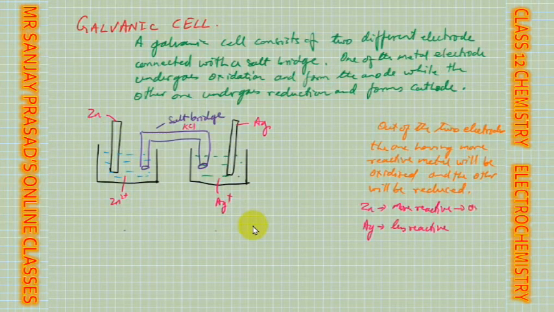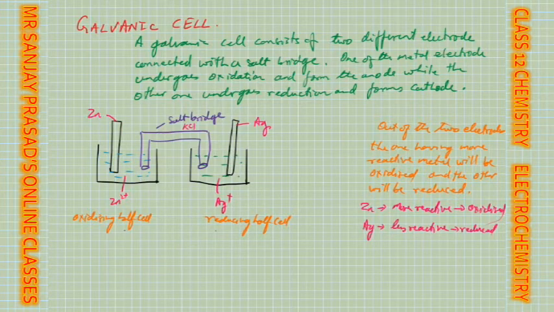So this is oxidized and this one will be reduced. So if I take these two, the one which is oxidized, that is zinc. So this is your oxidizing half cell and this will be a reducing half cell.